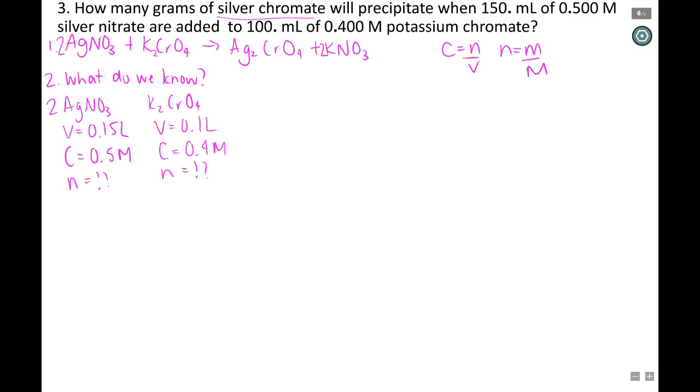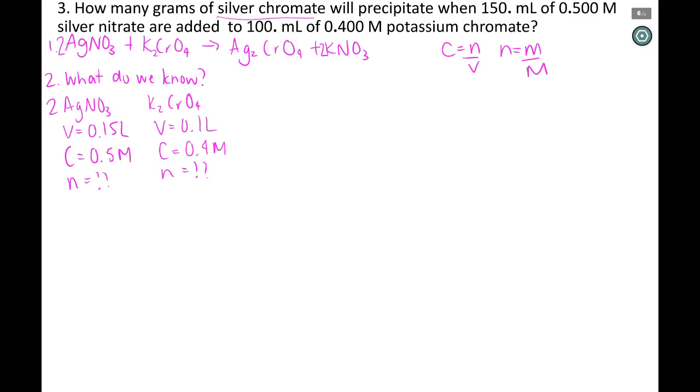Now that's going to require for us to firstly work out which is the limiting reactant in this equation. So let's work out firstly how much mass, which is how many grams, we need for each of those.